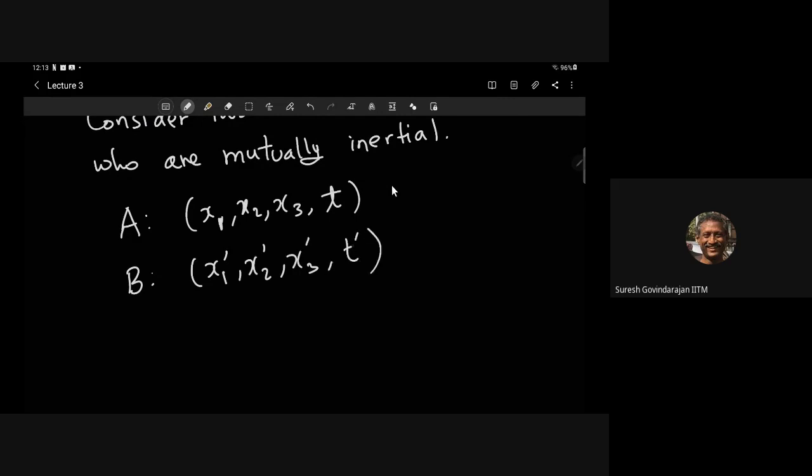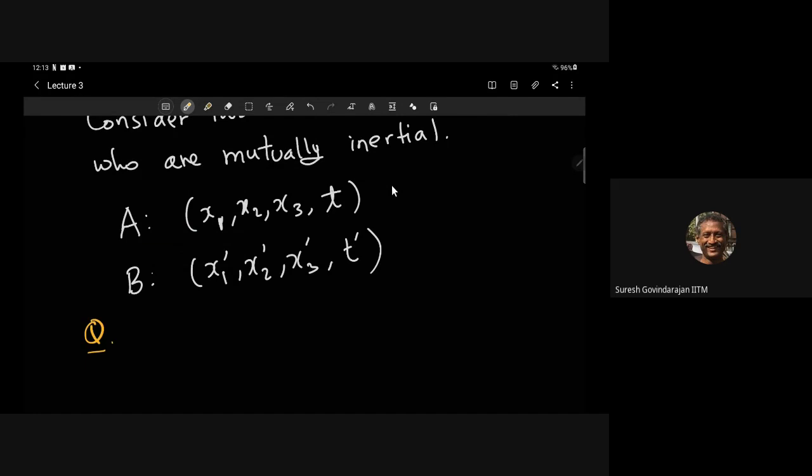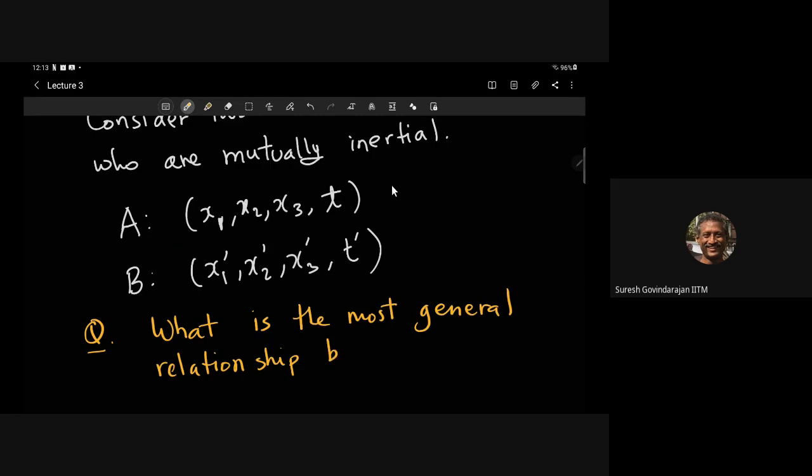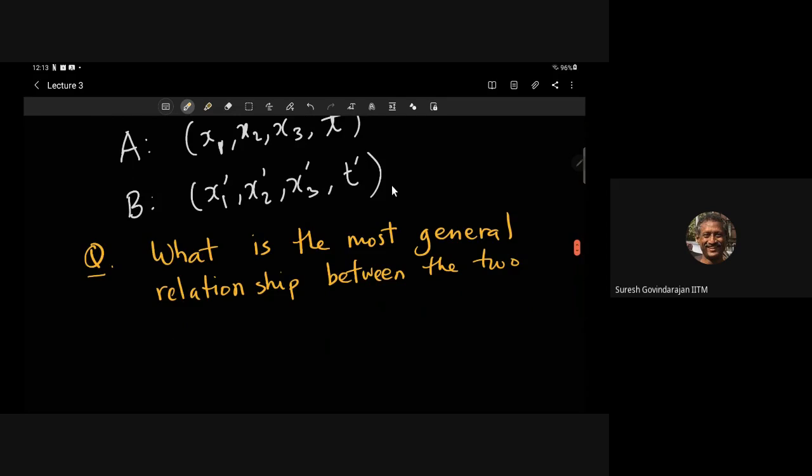Okay, so the question which we want to ask is, what is the most general transformation between the two coordinates, two frames?